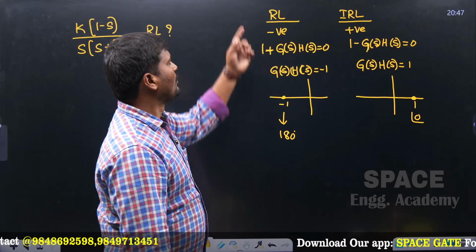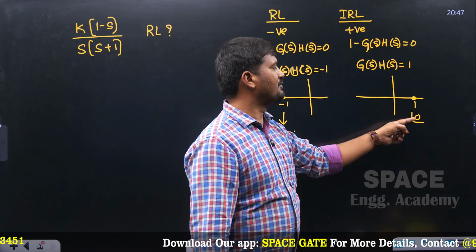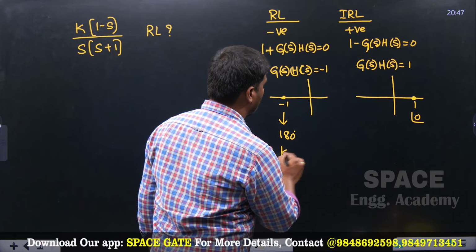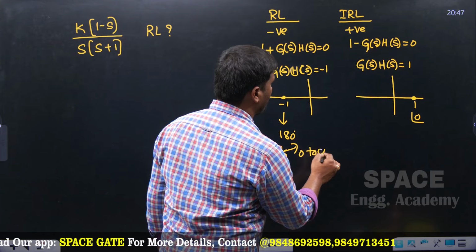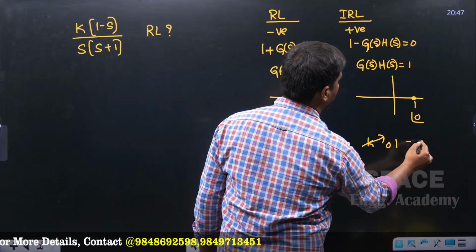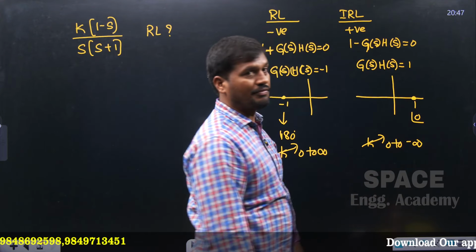I can say root locus follows the 180 degree principle, and inverse root locus follows the 0 degree principle. In root locus, K varies from 0 to infinity, positive values of K. In inverse root locus, K varies from 0 to minus infinity, negative values of K.